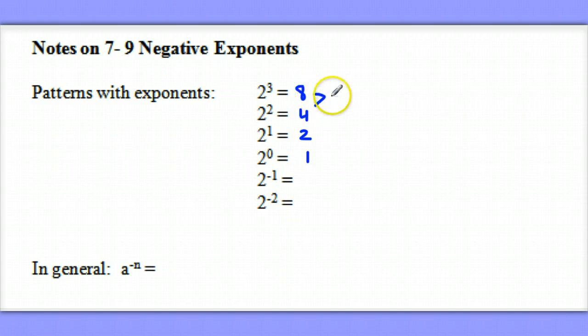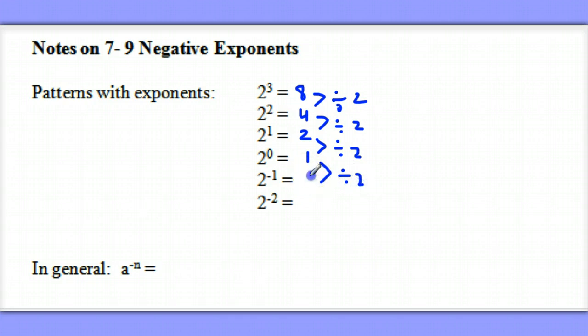8 divided by 2 gives us 4, and that makes sense because we have one less power of 2 here. And then if we take 4 and divide it by 2, we'd have 2. And 2 divided by 2, we'd have 1. So if we continue with this pattern, 1 divided by 2 will give us 1/2.